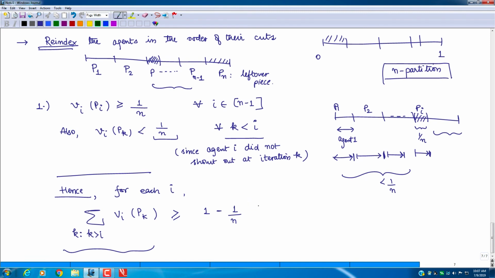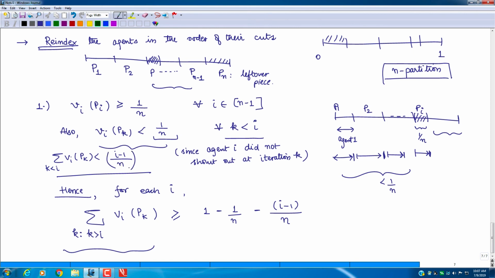What is his valuation for the subsequent pieces? So what do I write here? I can remove i minus 1 by n, exactly, right? If you sum this up, I will have Vi of Pk, where k is less than i, is at most i minus 1 by n.